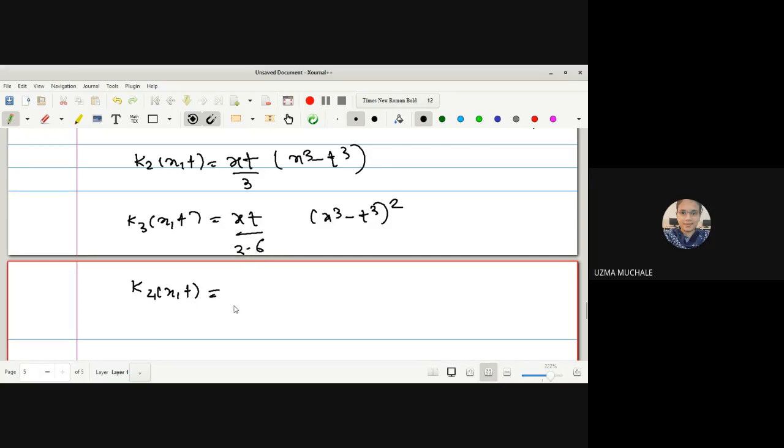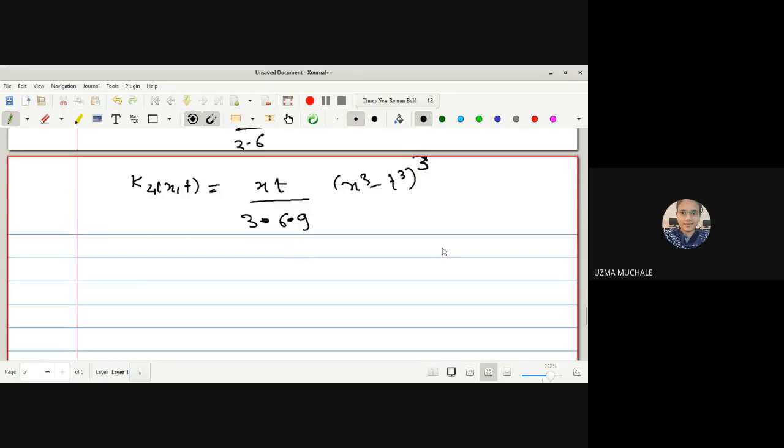Three into 6 is there. So it is K4 of xt equals x into t divided by 3 into 6 into 9, (x cube minus t cube) raised to 3. This is what K4 we have obtained.